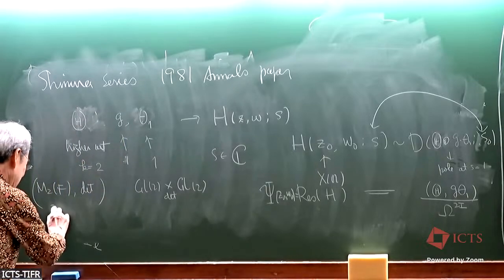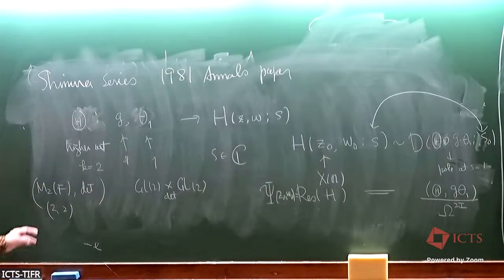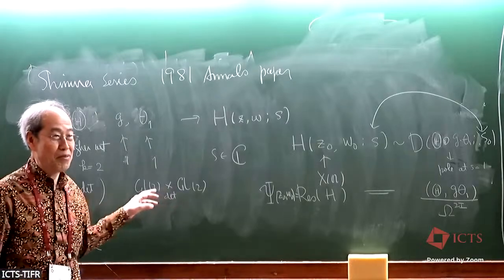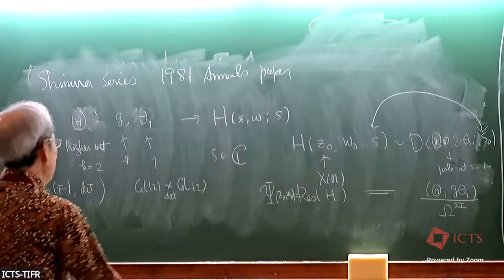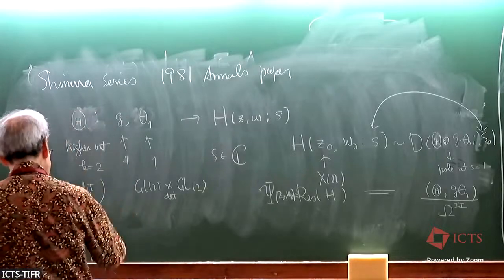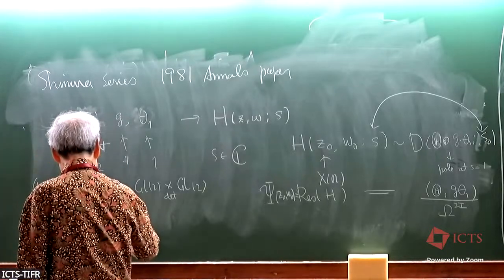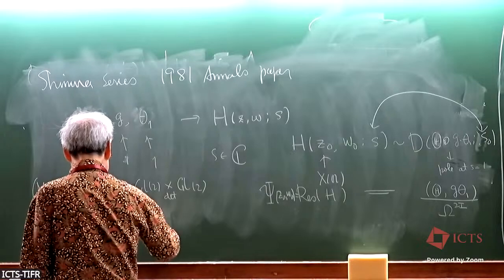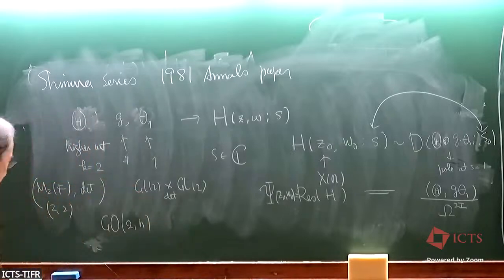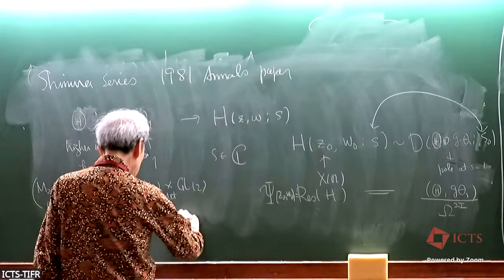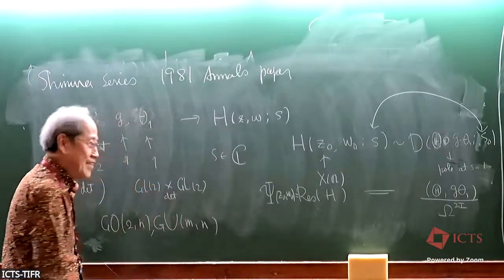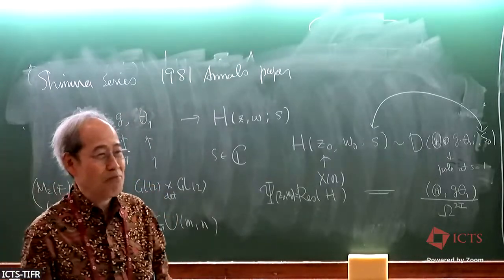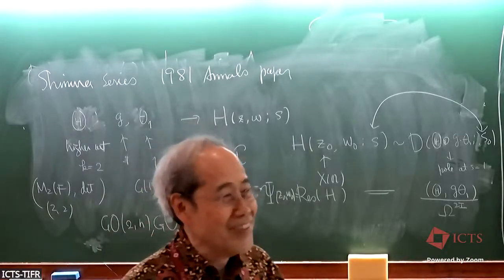This is signature (2,2), and it's basically Hilbert modular forms twice. A similar result of this kind holds for any GO(2n), those orthogonal groups with signature 2n, or U(m,n), or GU perhaps. And that makes his paper so hard to read.